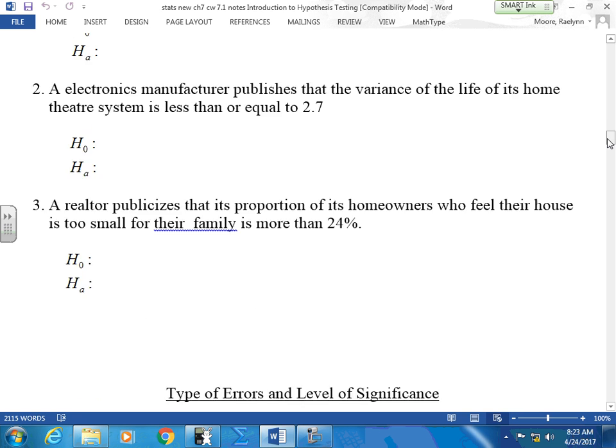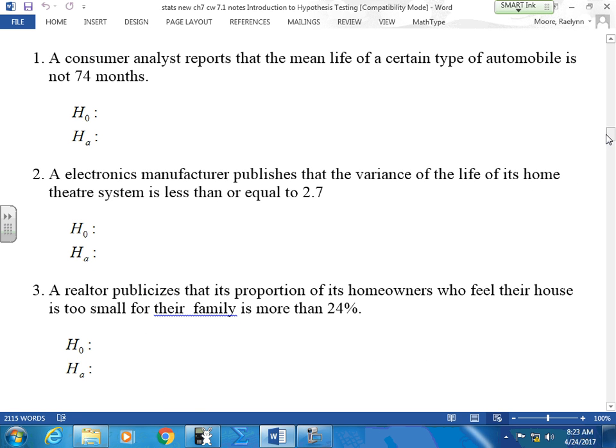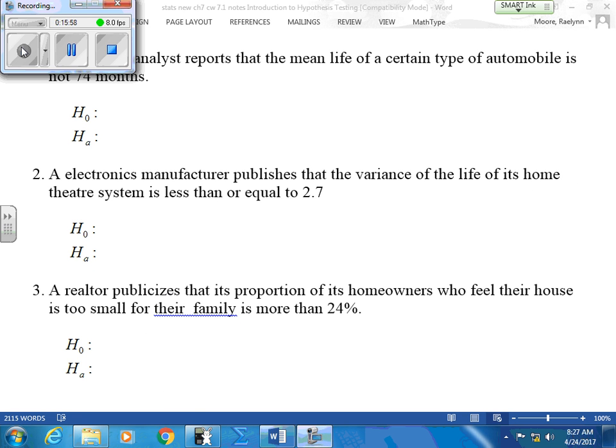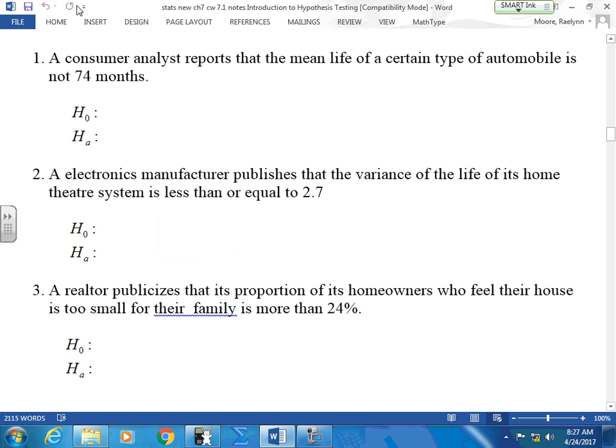So let's have you set up these three. I want to see everybody. A consumer reports that the mean life of a certain type of automobile is not 74 months. I want the claim. Devin, what did you get for the claim? So what's the claim now?